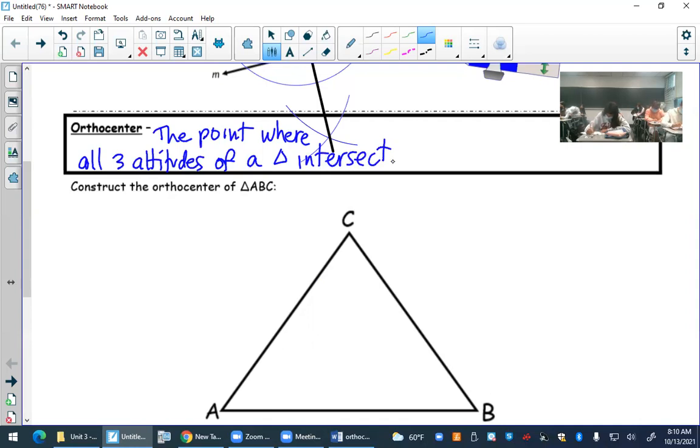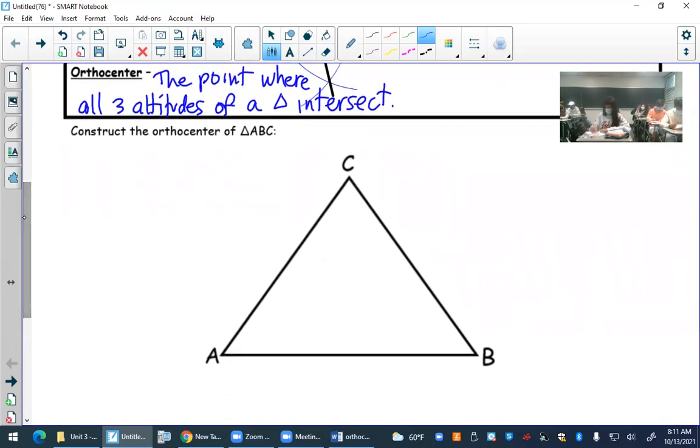Okay. So an altitude, we all know how to do an altitude. That was the multiple choice question on the test. They had that right, and pretty much everybody got it right. And now it says construct the orthocenter. So you could do all 3 altitudes, but we only have to do 2. And where the 2 altitudes meet, that is the orthocenter.